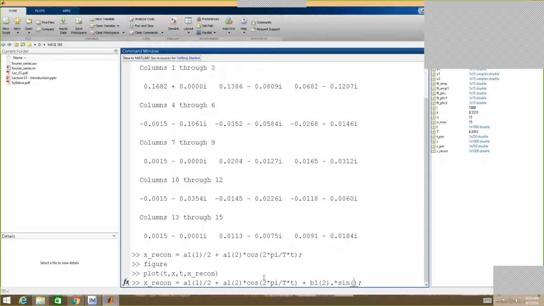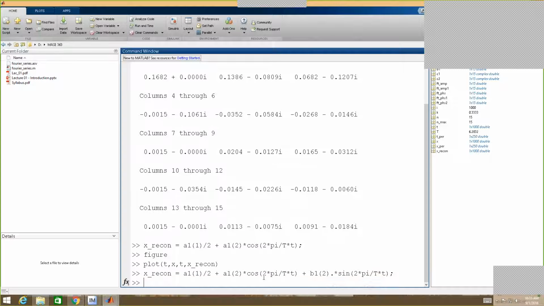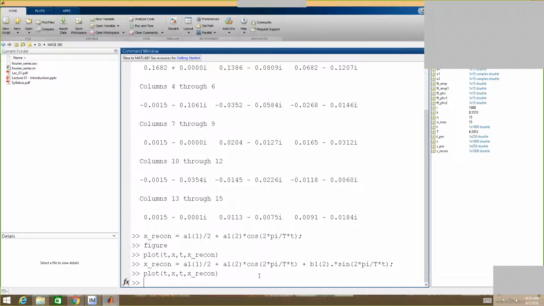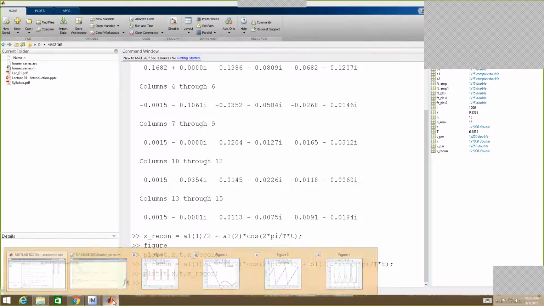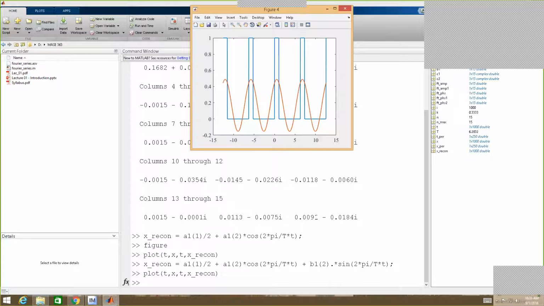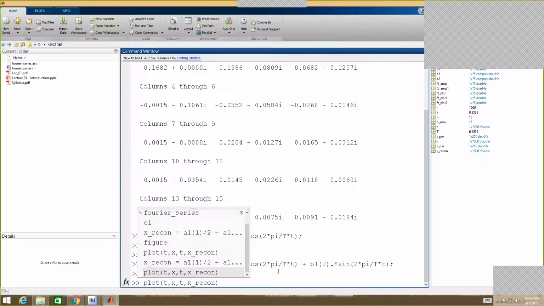Sine of 2 into pi over T. So you can see that the peak value does match. I mean, they are at the same time location, but they are way off. But you will see that as we add more and more Fourier terms, this will become better and better. So let's do that.